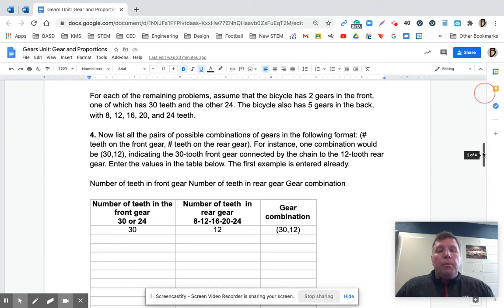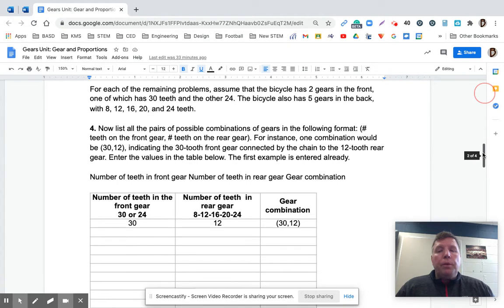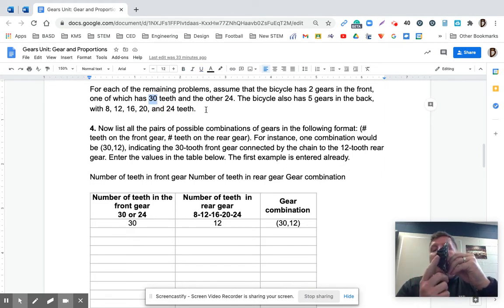So moving down here, we started understanding gear combinations. We're going to pretend for a moment that we've got a gear combination that's got 2 large gears, one that has 30 teeth, and then another one that has 24 teeth. And then on the back end of the bike, on the rear, it has 1, 2, 3, 4, 5 gears. The smallest one has 8 teeth, then 12, 16, 20, and then 24 teeth.